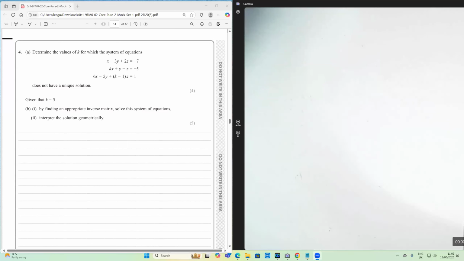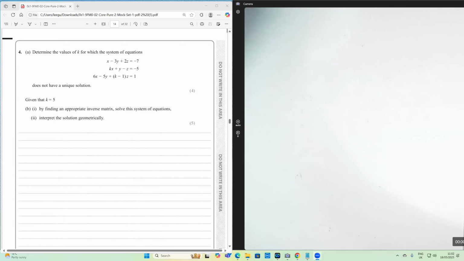So we're going to have the matrix, which again was 1, -3, 2, 5, 1, -1, and 6, now that we know that k is 5, 6 minus 5, and then we're going to have 4. Okay, so that is fine because k minus 1, yes. So we've got our k is 5 represented there.